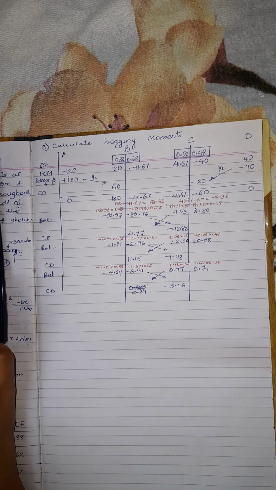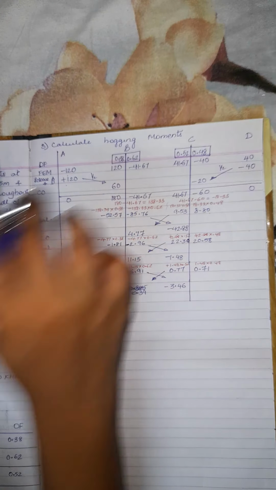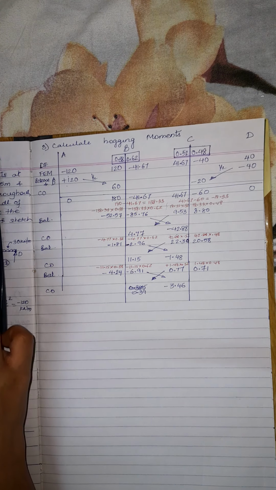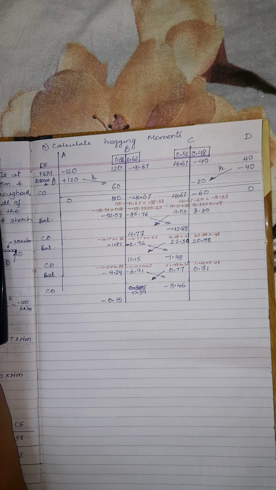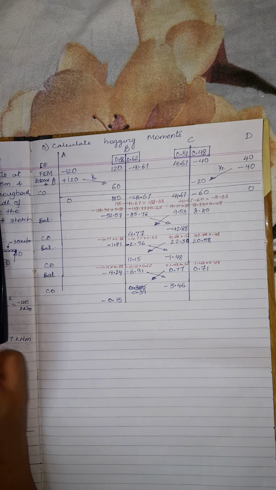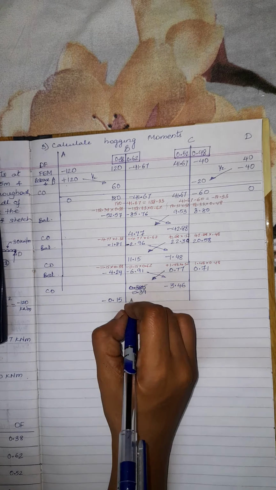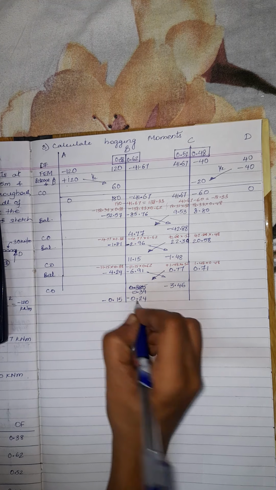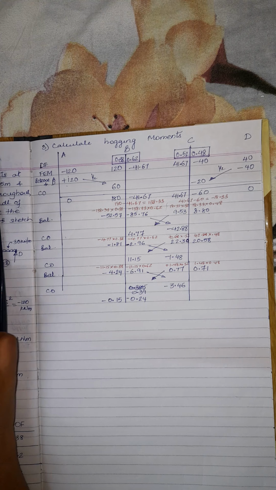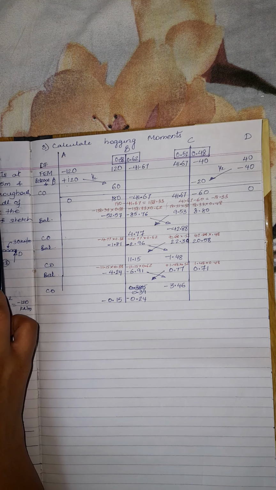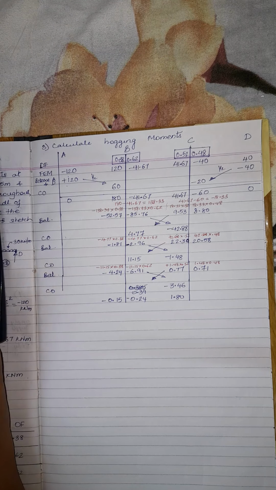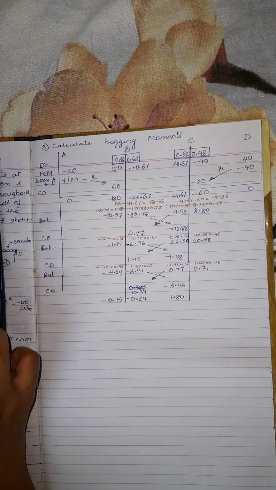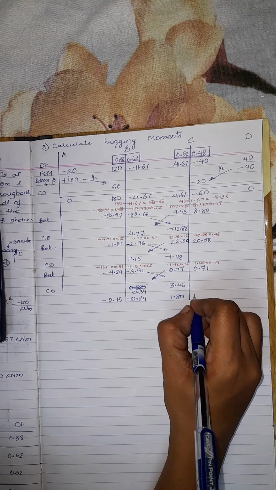So again iteration, this value into distribution factor, I am not writing again, 0.15, this is minus 0.24 minus 3.46 into 0.52, 1.80 positive, 3.46 into 0.48, this is 1.66.